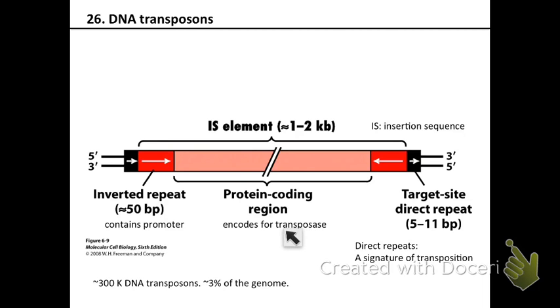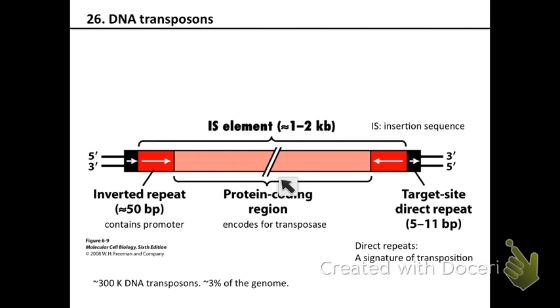All right? At the target site, where the transposon is inserted, you always see a direct repeat of about 5 to 11 base pairs. So if this is ATGCC here, it would be ATGCC here. So it's basically a direct repeat surrounding inverted repeats, which surround the transposase gene.